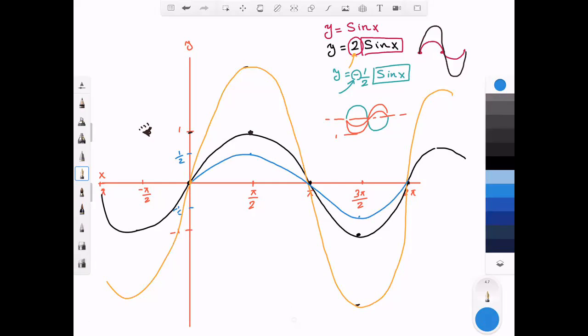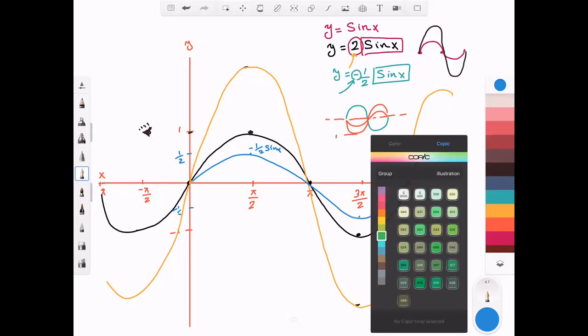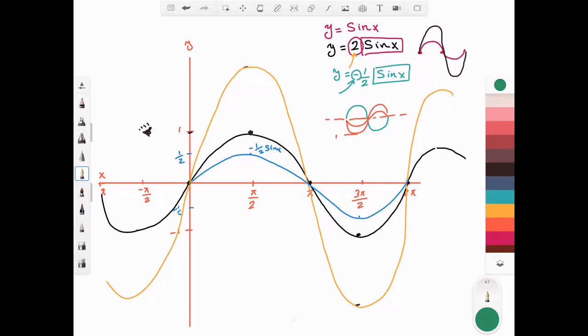This is half of sine of x. But now if I make it negative, this should go, with, I like to pick green, it will be something like this. So not bad, correct?